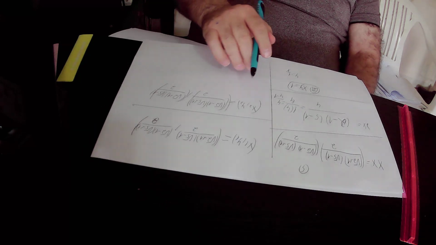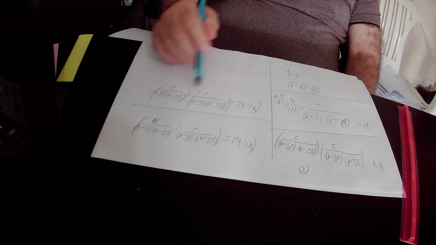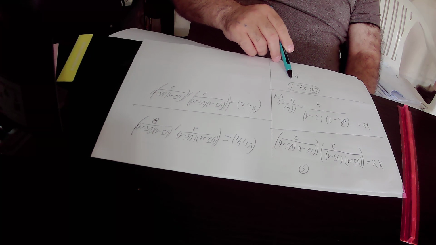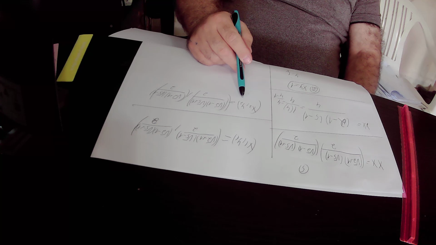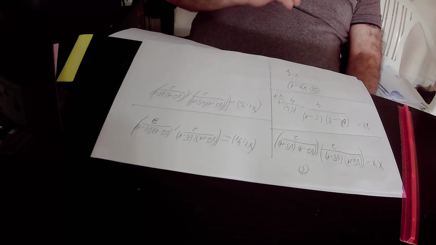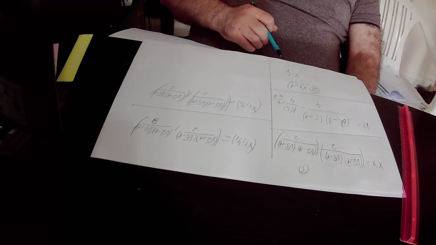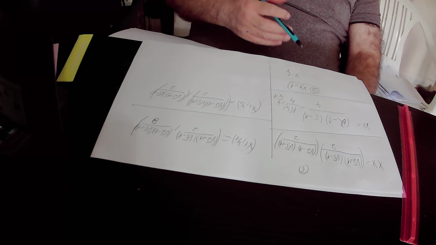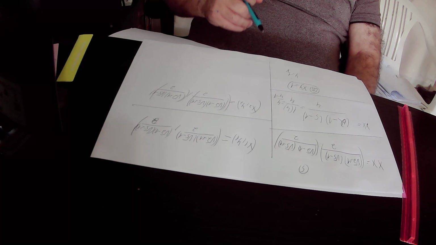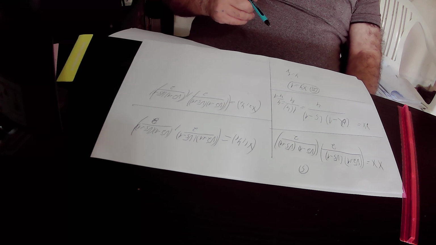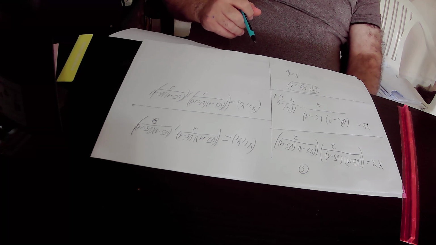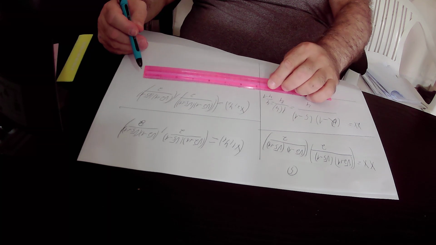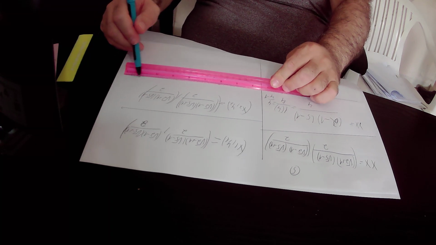So x1 times y1 will give us 1, and x2 times y2 will also give us 1, exactly according to equation number 3, that the multiplication of the two solutions of x by y will give us 1. Okay, so those are the two solutions for x and y.